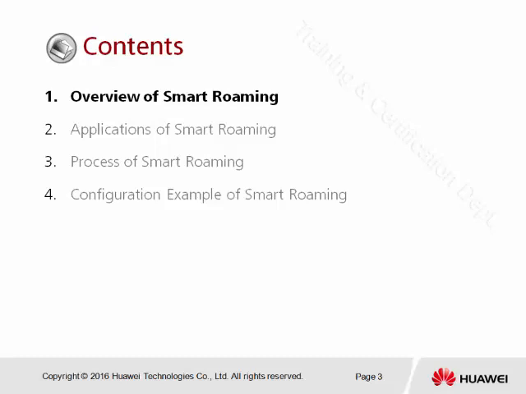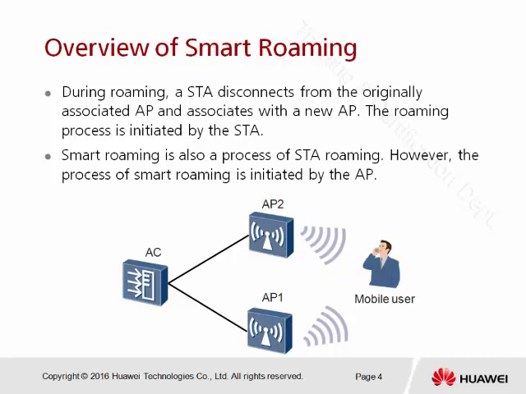So let's go to the first content here, the overview of smart roaming. We need to understand what roaming is. Roaming means the STA previously associated with an AP, and when it moves to another area, the STA will connect with a new AP.